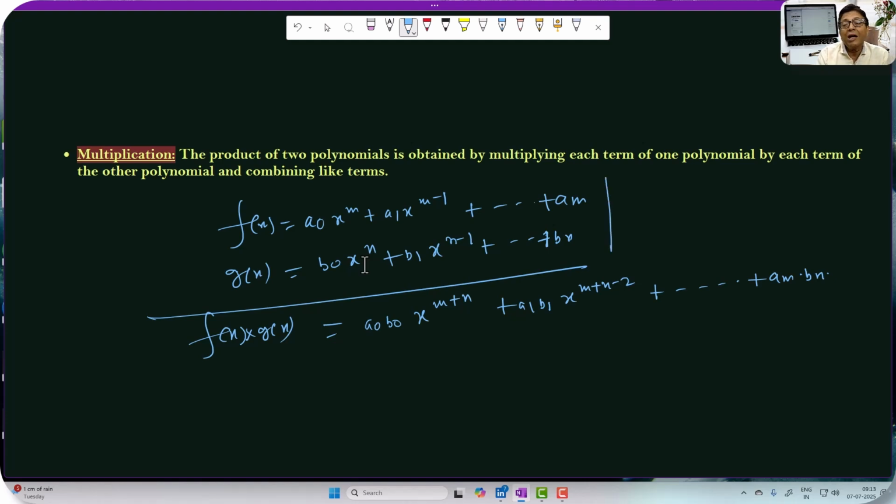You have assumed that it is of degree m, so a0 not equal to 0, b0 also not equal to 0. So what is going to be the degree of f(x) into g(x)? The degree of f(x) g(x) is going to be equal to degree of f(x) plus degree of g(x).